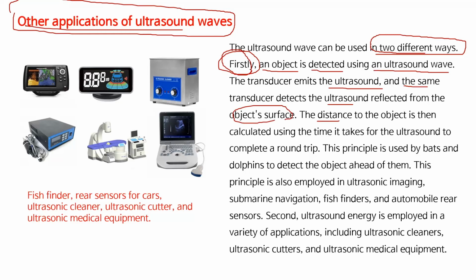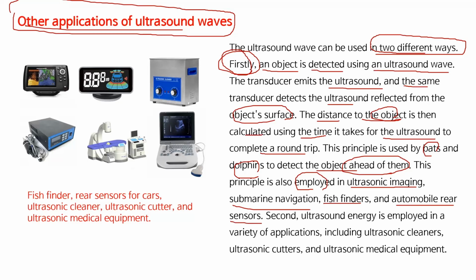The distance to the object is then calculated using the time it takes for the ultrasound to complete the round trip. Okay. This principle is used by bats and dolphins to detect objects ahead of them. This principle is also employed in ultrasonic imaging, submarine navigation, fish finders, and automobile rear sensors.